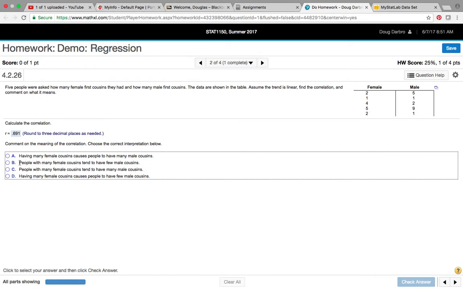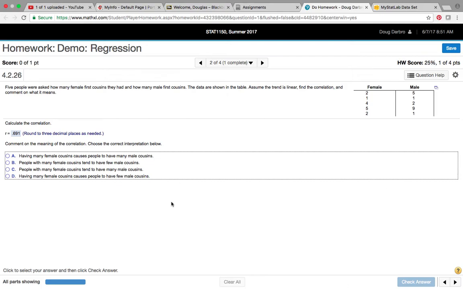Okay, so B says people with many female cousins tend to have few male cousins. Well, if that were true, our correlation would be negative, because as our female cousins went up, our male cousins would go down. So that'd be a negative correlation. C, people with many female cousins tend to have many male cousins.